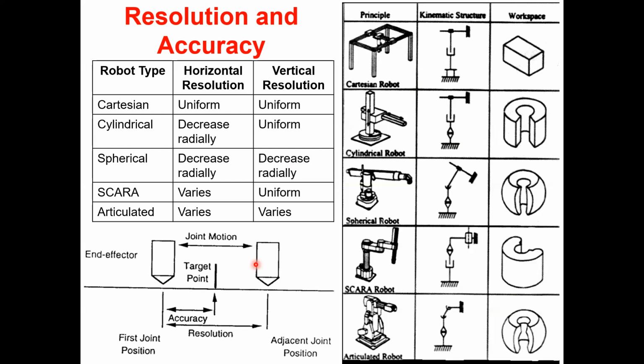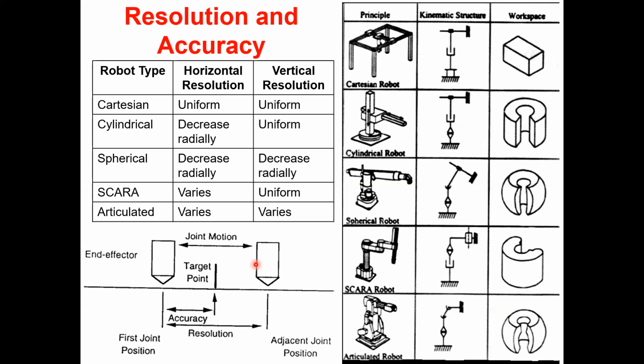Excuse me sir, the end effector means the final length or final point of the robot? The end effector is the tool that is attached to the manipulator.